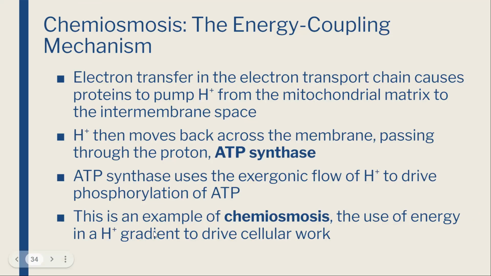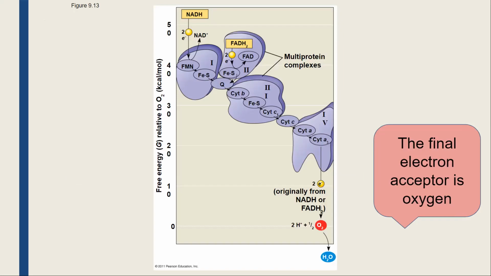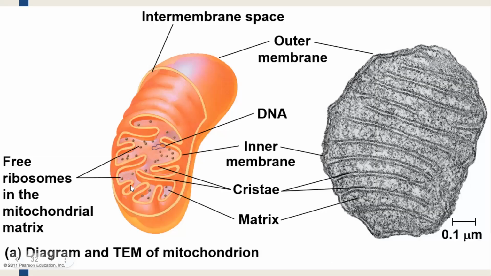And why those electrons are important for the electron flow is because as they are moving down the electron transport chain, those enzymes are also pumping hydrogen ions into the inner membrane space, and they're going to build up there. Let's go back to this diagram. You can see between the inner and outer membrane, there's a teeny tiny space here.